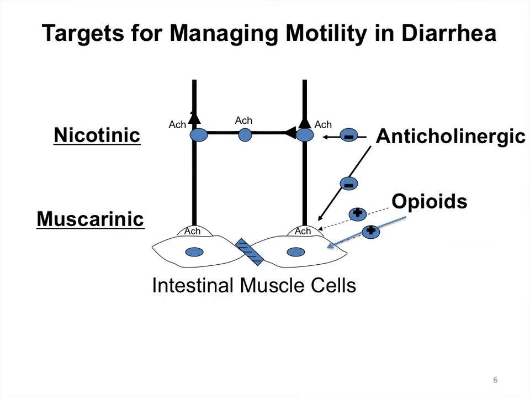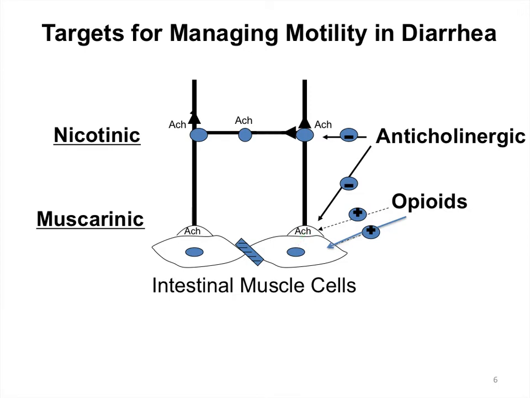Now, when it comes to managing motility, this is a graphic of an intestinal smooth muscle cell, and the nerves that innervate it are cholinergic, acetylcholinergic, muscarinic. So obviously, an antimuscarinic agent can have basically a negative effect on motility. That is, it can have an effect on coordinated motility, both on the interneurons as well as in the enteric nervous system, as well as on the muscle itself.